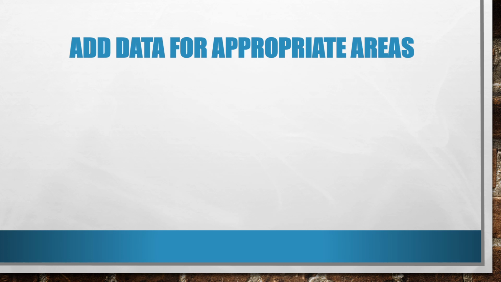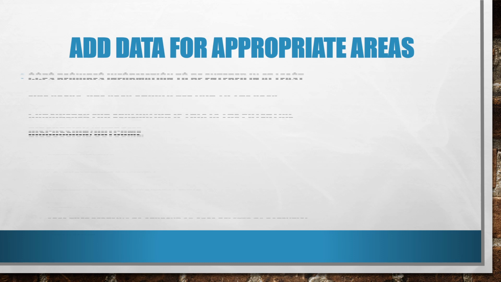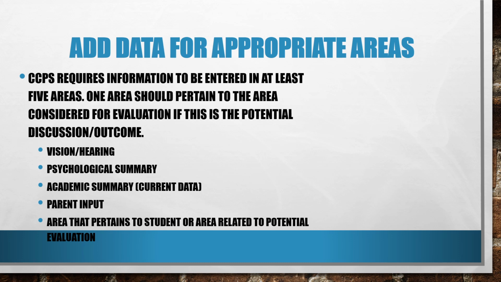Clayton County procedures require that data information be entered into a minimum of 5 sections of a reevaluation data review. When considering any evaluation type or area, data entered into the report should relate to the area of concern being discussed.